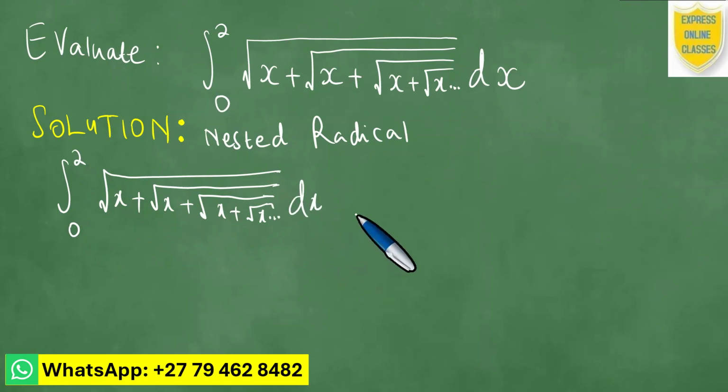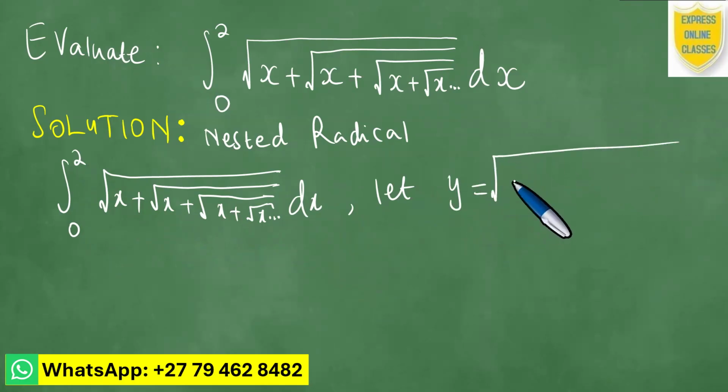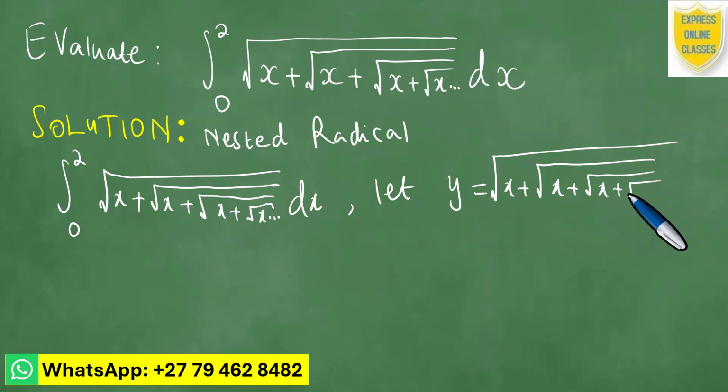We copy down the question like this, and then we let y be the nested radical, x plus the square root of x plus the square root of x plus the square root of x.